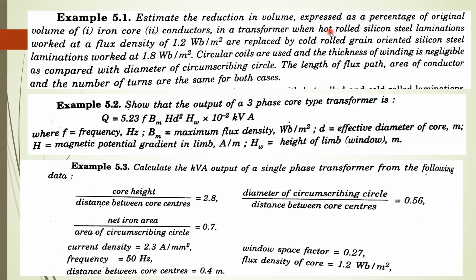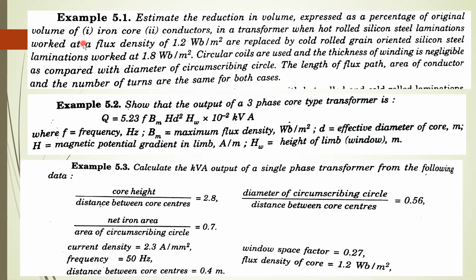You want to replace the core with cold rolled grain oriented silicon steel, CRGO steel, whose flux density is greater, that is 1.8 Weber per meter square. When you replace the material, you will increase the flux density, and this way you will reduce the amount of iron used and the amount of conductor used. So what you have to find is how much you will reduce, and estimate the reduction in volume expressed as a percentage of original volume.